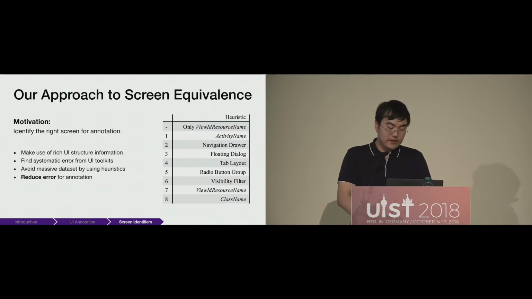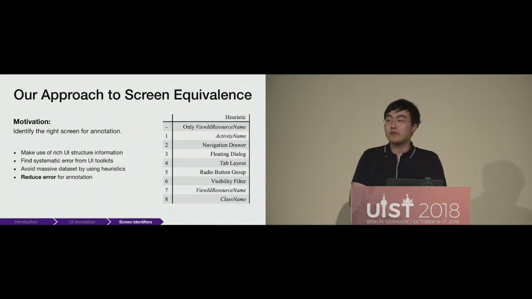We have a very different motivation from those previous research. For annotation, we care about UI structure over content. If two screens share the same UI structure, our annotation can be reused on both screens. If their UI structures are different, we just have to treat them as different screens. One of our key insights is information exposed by UI elements.